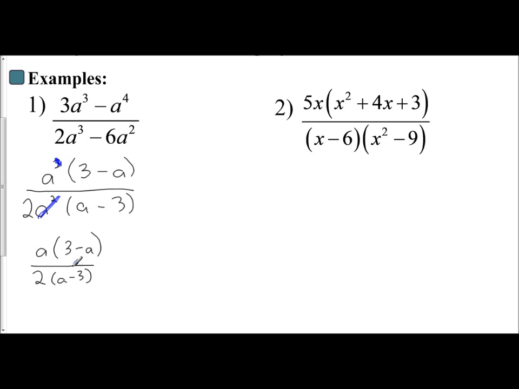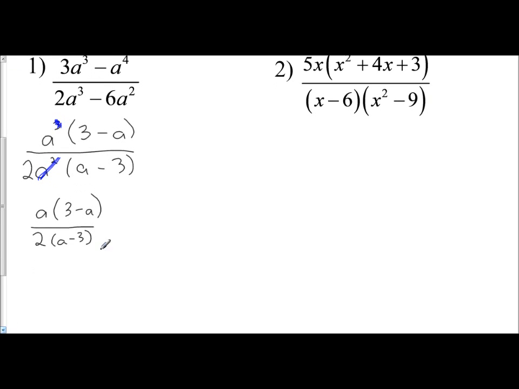Now you may think there's nowhere to go from here, but there's still one more simplification process we can use. And it should stand out that you have 3 minus a, and a minus 3. You have the same numbers, 3 and a and 3, but they're in a different order around a minus sign. What this is called, to simplify from here, is to apply your additive inverse.